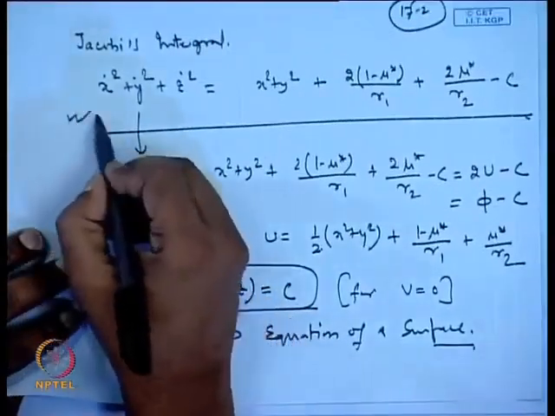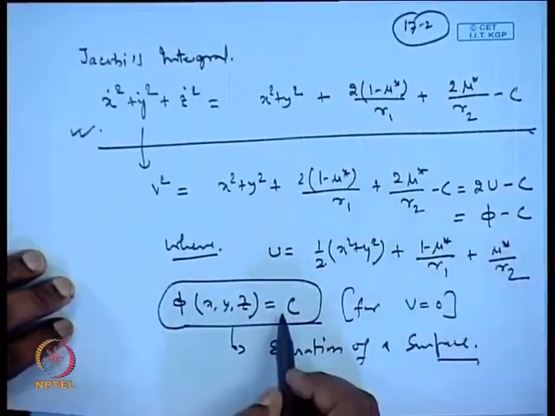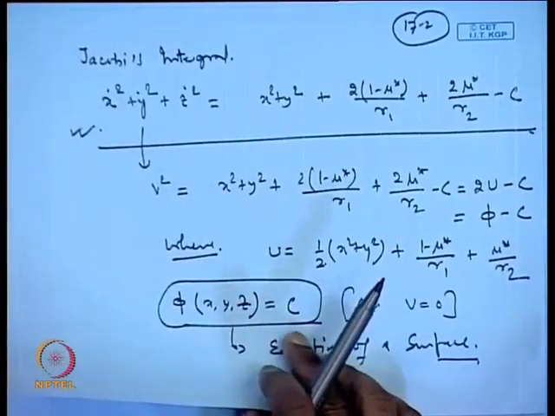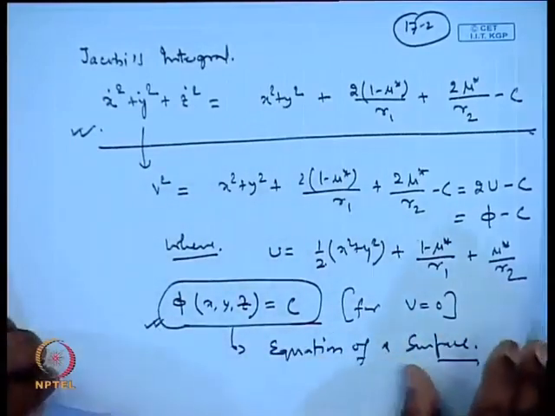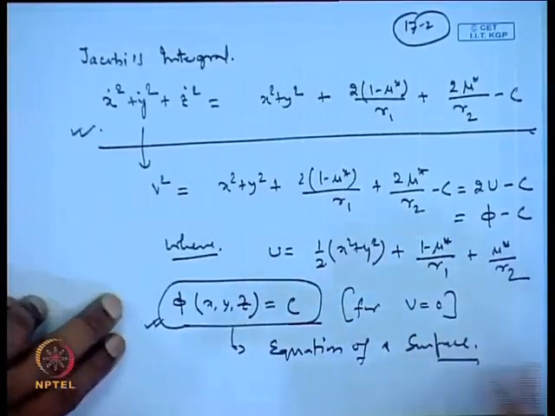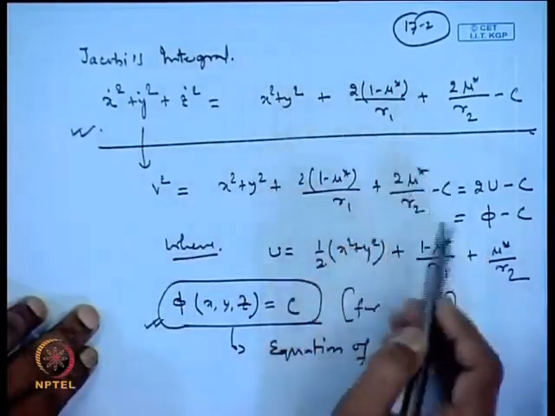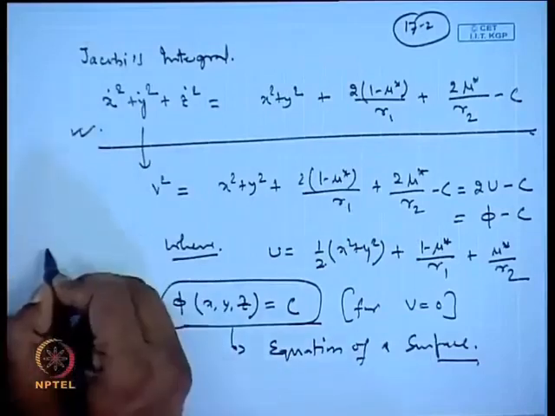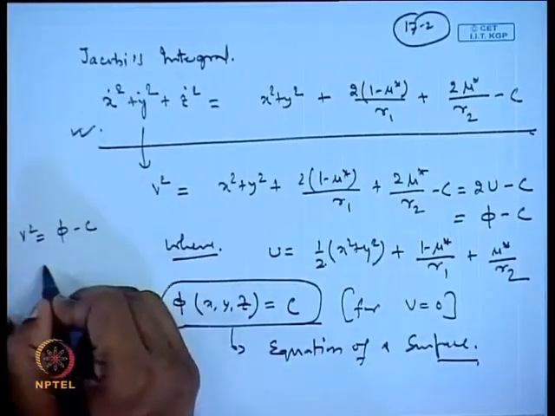on this equation, okay, we have the Jacobi's integral available. So, we differentiate the Jacobi's integral, or the function phi equal to C is available to us. So, we can work with this and prove this. So, phi equal to C. Here we can write this v square is equal to phi minus C. Okay.